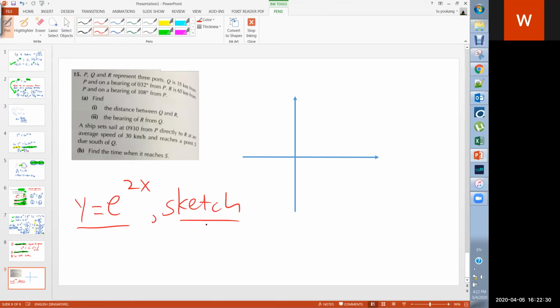Or you have y equals ln 2x to sketch. We have not touched this part. But the calculation part, yes.